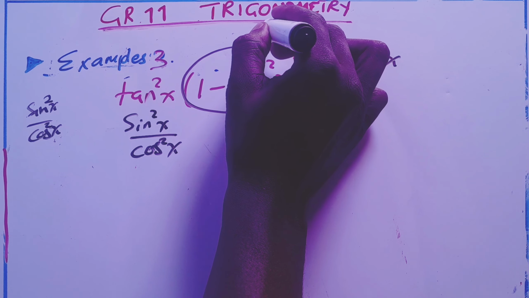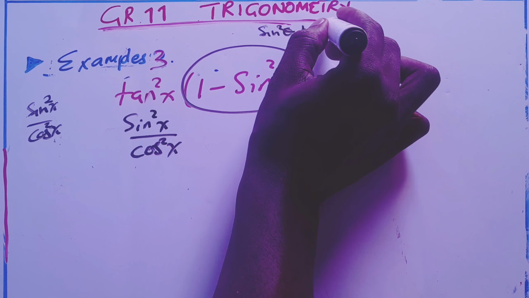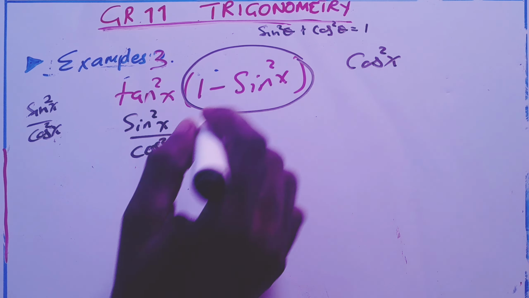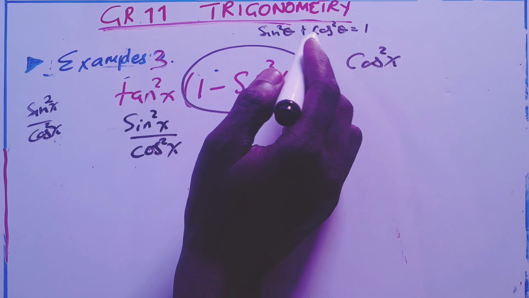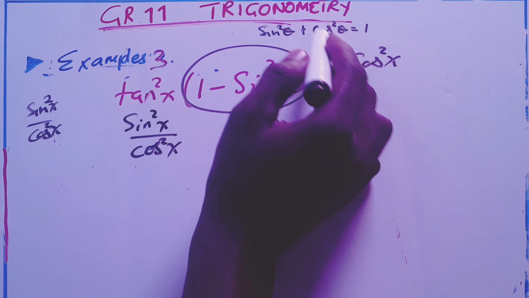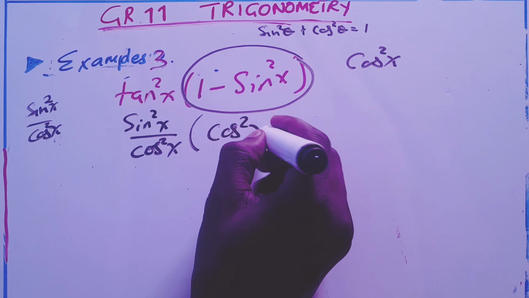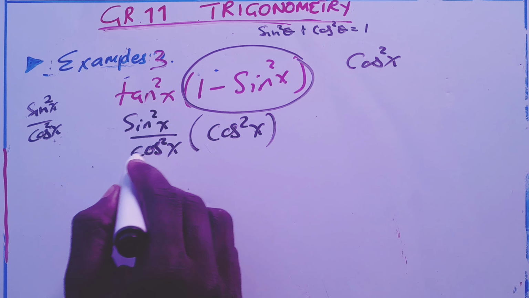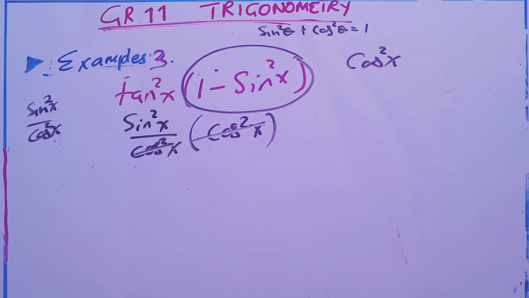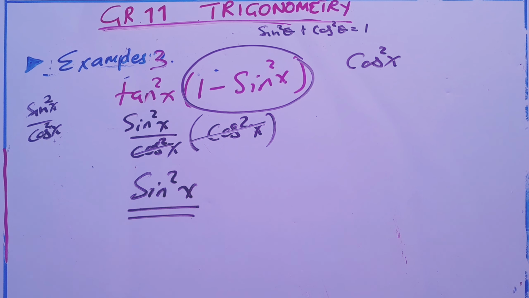We took this from sine squared theta plus cos squared theta is equal to 1. So it means that if we are taking sine to that side, it becomes 1 minus sine squared x, which will just give us this. So this will be multiplied by cos squared x, and cos squared x and cos squared x can cancel out, and we are going to be left with sine squared x as our answer. So that's how we can solve this, right?